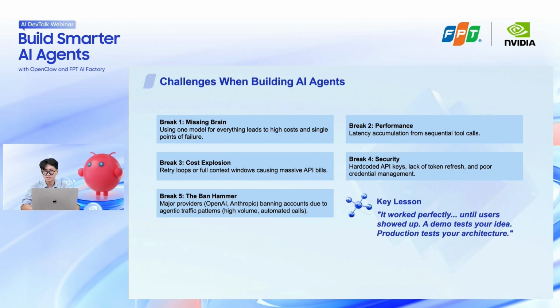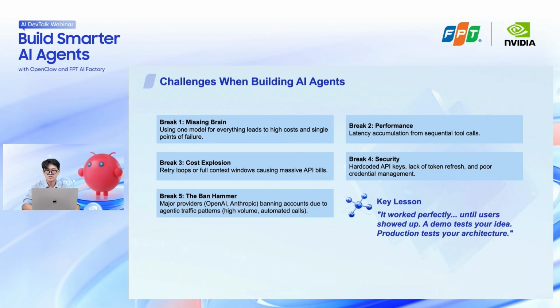So here's what's actually happening. When you run an agent, your traffic pattern looks different from a normal user, and the major providers have abuse detection systems that flag exactly that pattern. They ban first, and ask questions never.